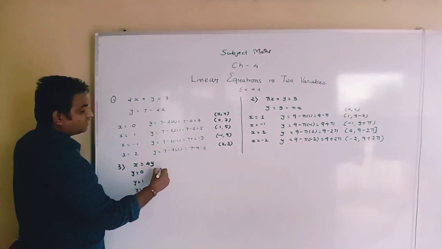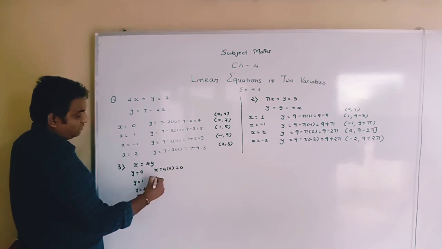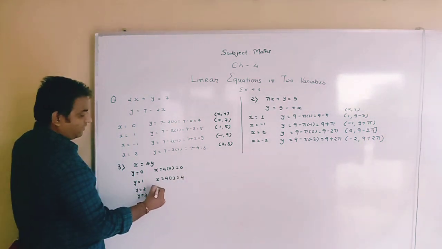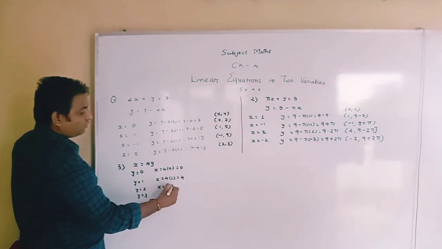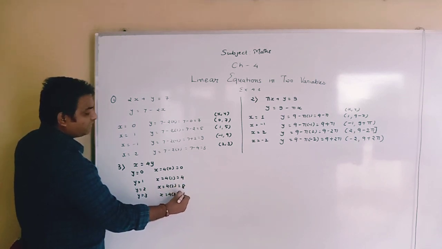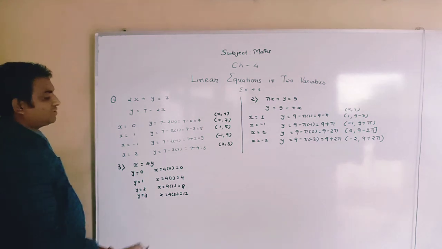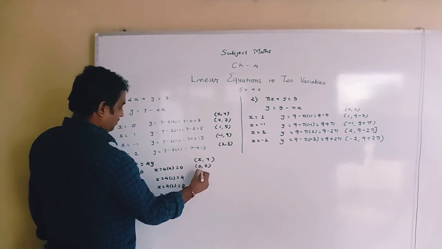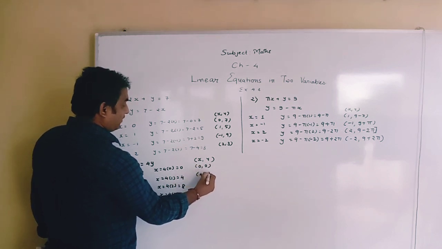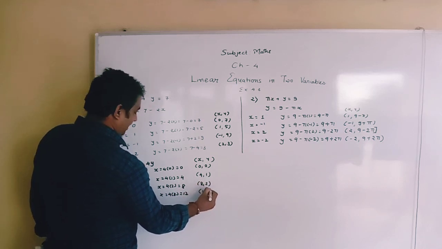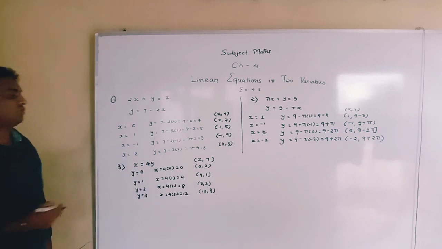Then x equals 4 into 0 which is 0, x equals 4 into 1 which is 4, x equals 4 into 2 which is 8, and x equals 4 into 3 which is 12. And so we can write the solution pairs (x, y): (0, 0), (4, 1), (8, 2) and (12, 3). And so these are the solutions of x equals 4y.